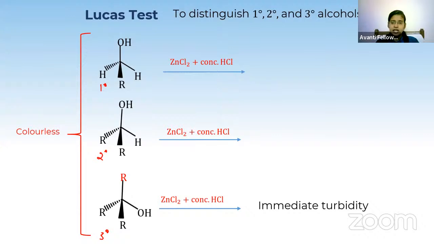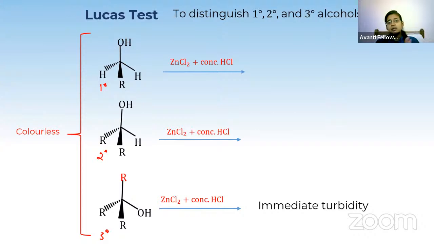What is meant by turbidity? In the container or beaker, some solid particles will settle at the bottom, or a mixed, colloidal kind of solution will be there. That is called turbidity. So that turbidity will form immediately.